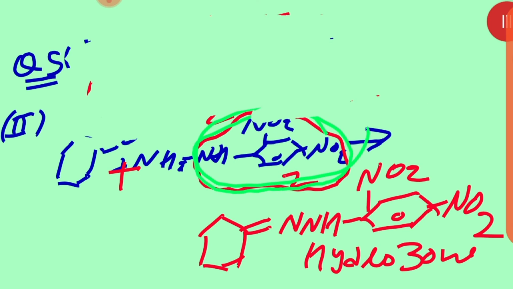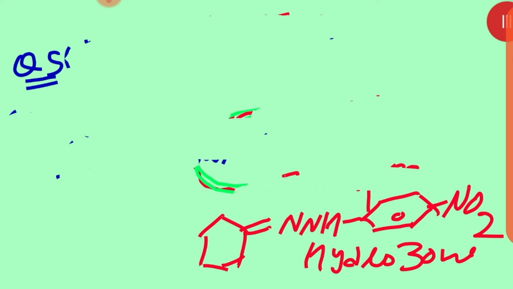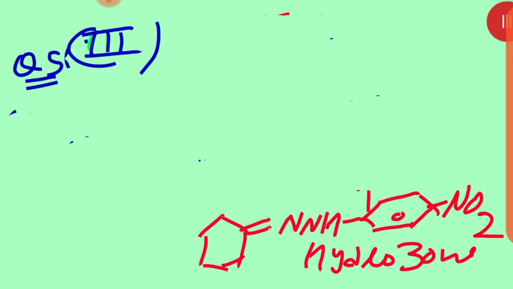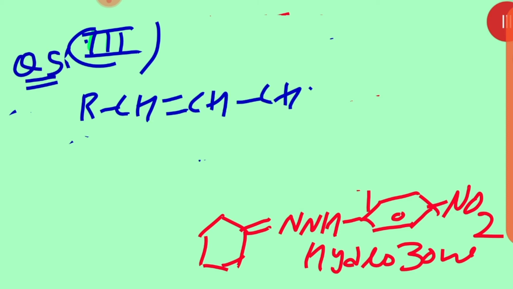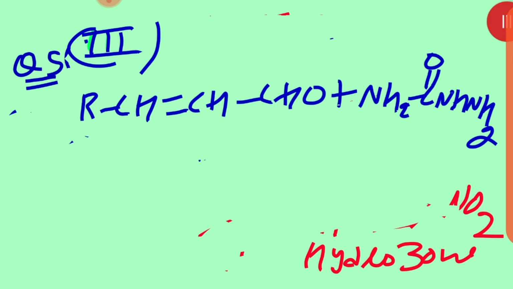You see please, R CH double bond CH CHO, then they wrote NH2 CO NH NH2. Is that clear to you?